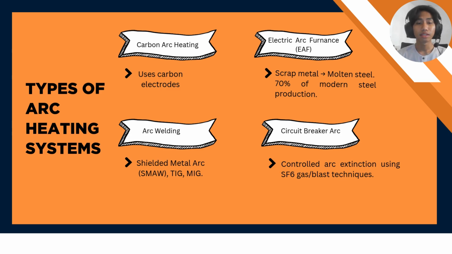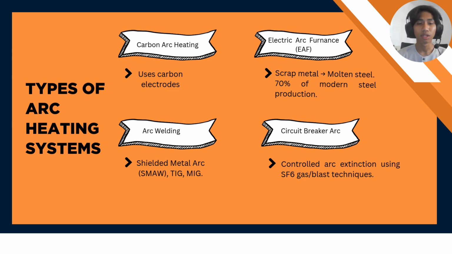Okay, so let's go to the next, which is the types of arc heating systems. Arc heating is used in a wide range of systems depending on the application. First, we have carbon arc heating, one of the earliest arc technologies. It used carbon electrodes, but is rarely used today due to efficiency and safety concerns. Next, the electric arc furnace, or EAF, is widely used in modern steel production.